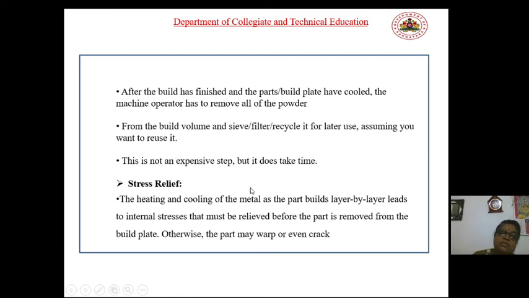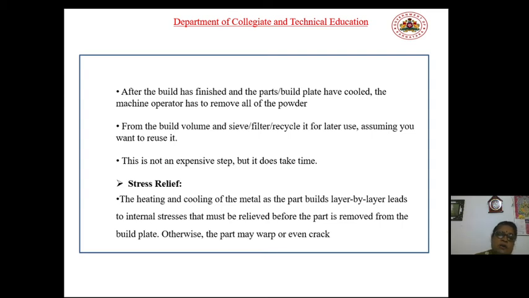The next step is that we will have to remove the stresses. The heating and cooling of the metal as the part builds layer by layer leads to internal stresses that have to be relieved before the part is removed from the machine or from the build plate. Otherwise the part may warp or even crack.